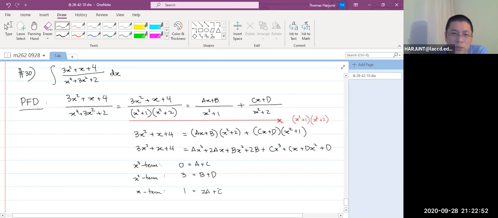Actually, we can do something there. From the first equation we see that c equals negative a. So 1 equals 2a minus a, which equals a. So a equals 1 and c is negative 1.